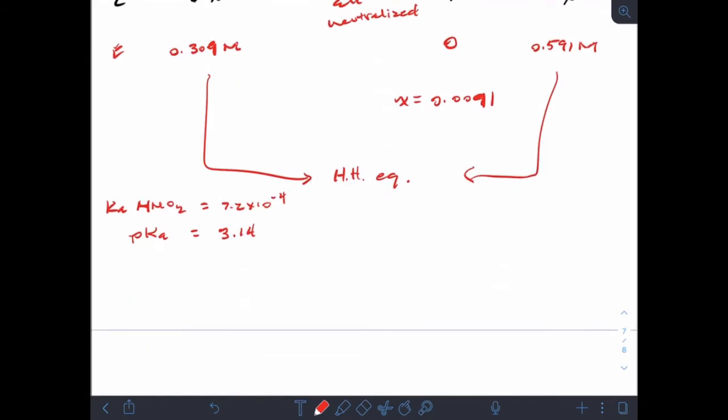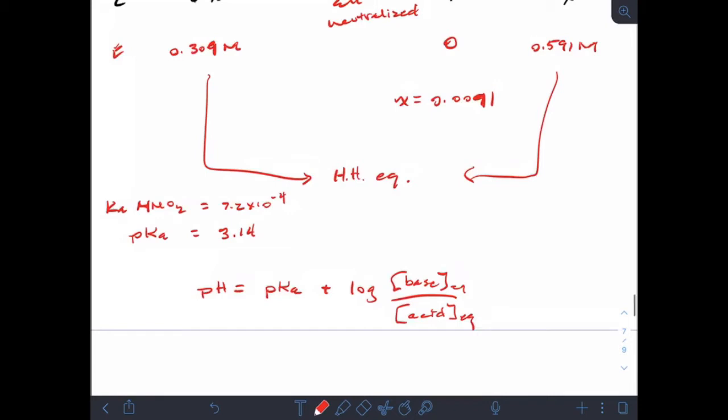This is our Henderson-Hasselbalch equation: pH equals pKa plus the log of the base at equilibrium over the acid at equilibrium, the conjugate base over the weak acid.